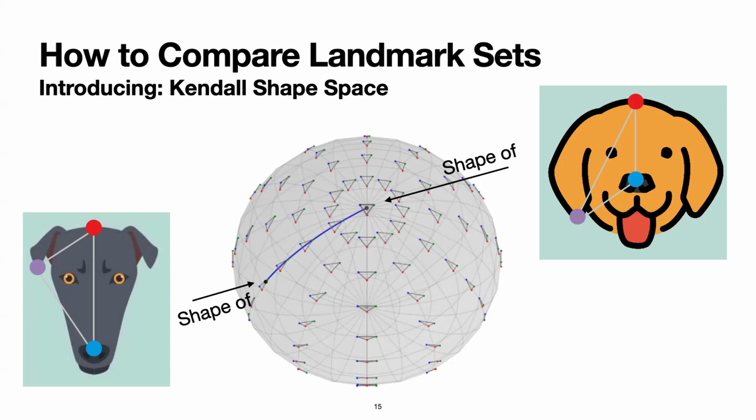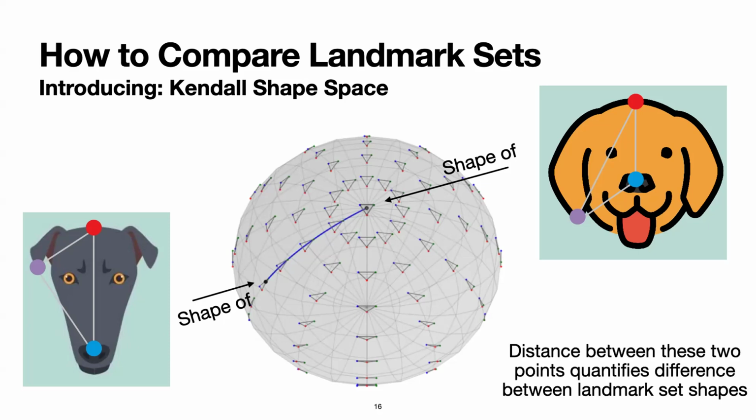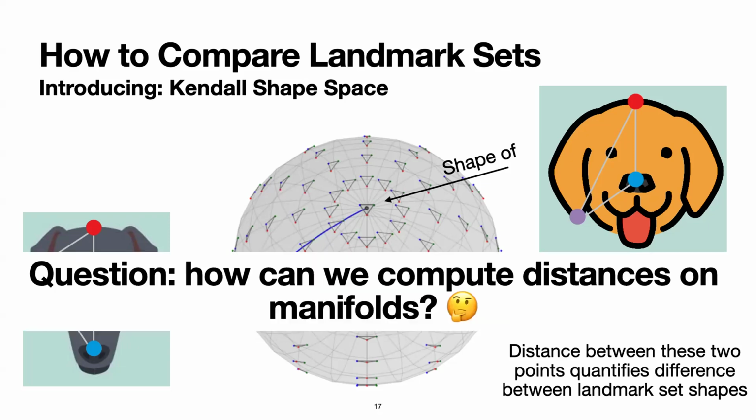Now that we have points in a space instead of landmark set shapes, all we have to do is measure the distance between these points. So the distance between the 2 points quantifies the difference between the landmark sets. But this actually is not simple, because remember that this is curved space. So how can we compute distances on manifolds?